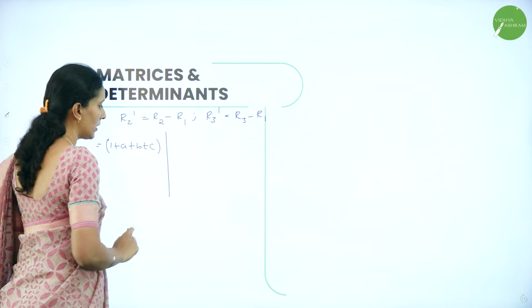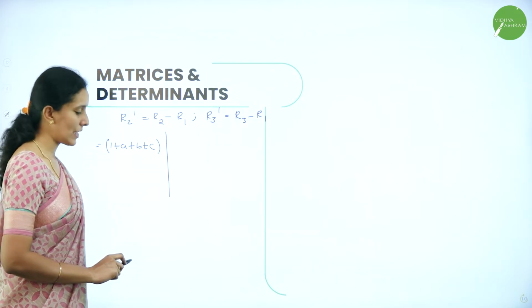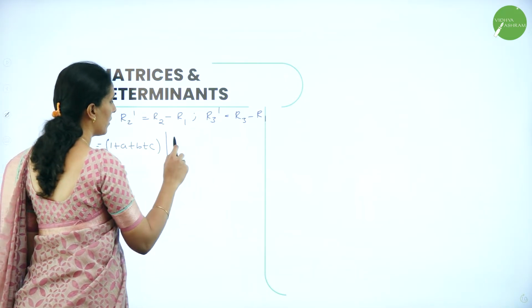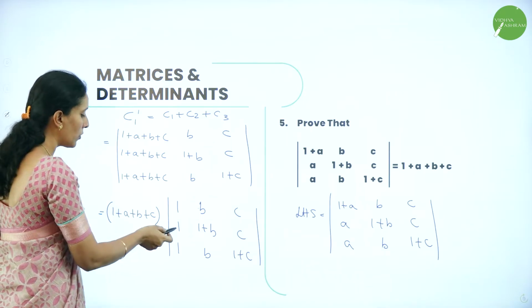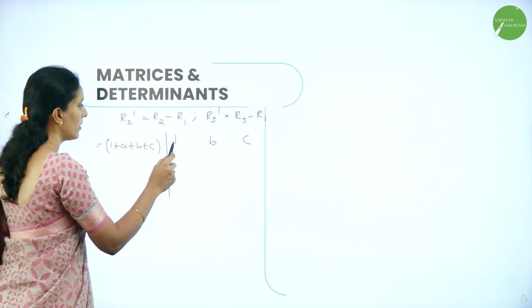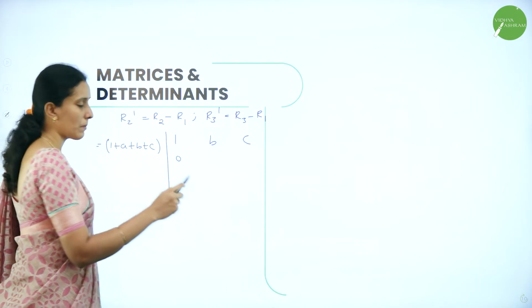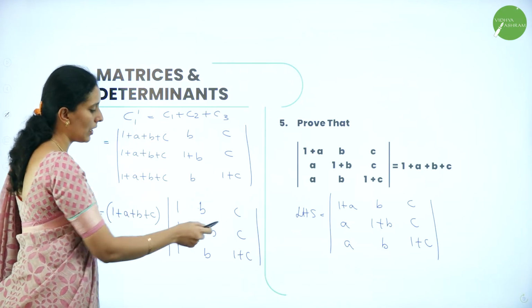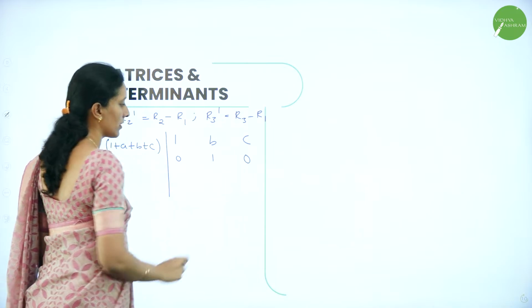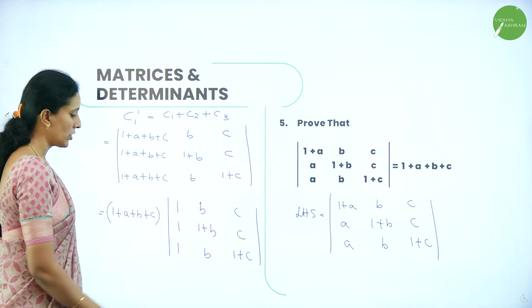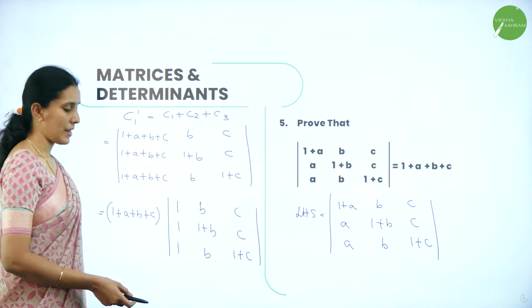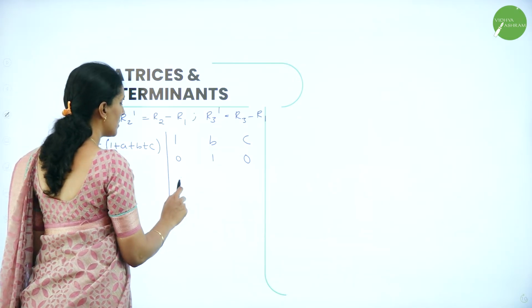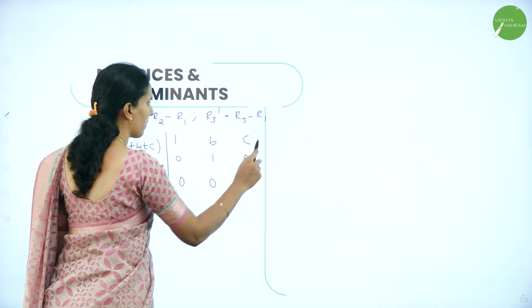Write the first row as it is, 1, B, C. The second row is R2 minus R1: 1 minus 1, 0; 1 plus B minus B, 1; similarly C minus C, 0 we get. Next, R3 dash is 1 minus 1, B minus B, 1 plus C minus C. So it becomes 0, 0, 1.